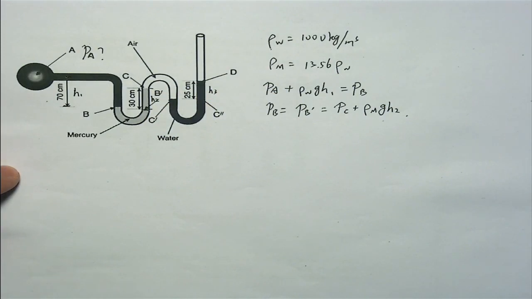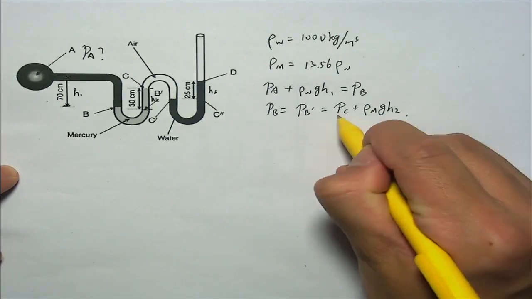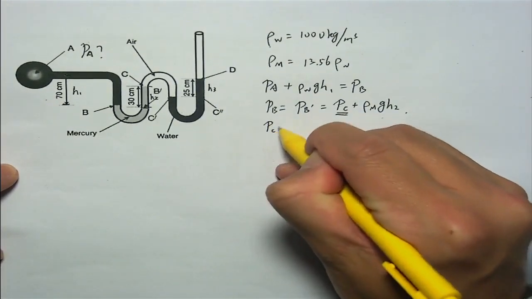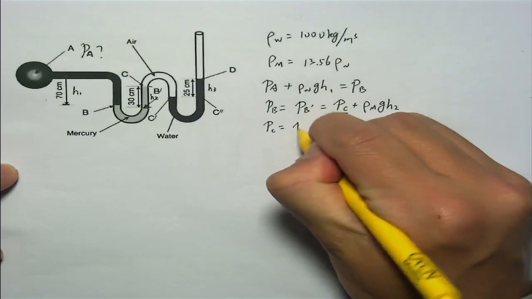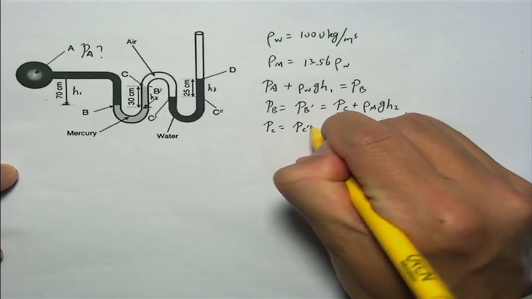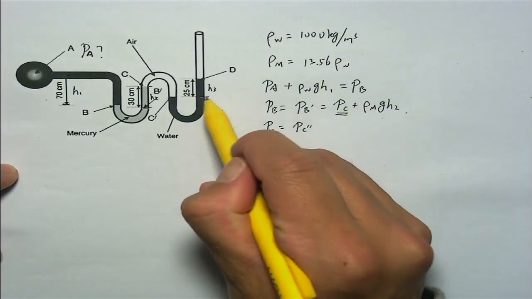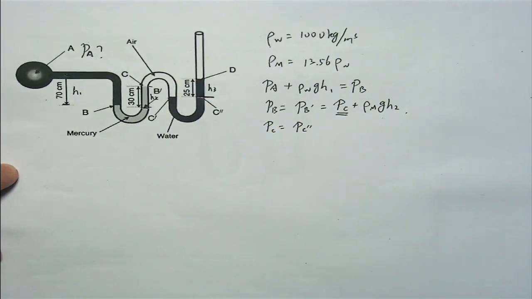So for PC, we want to know the PC as well. The pressure C is the pressure C double prime, the pressure here, because it is linked with air, and the density of air is too small compared with the water and mercury.